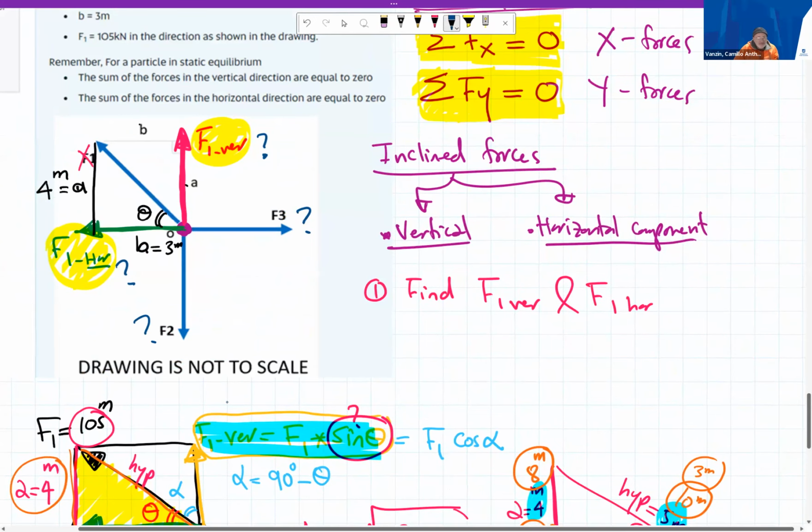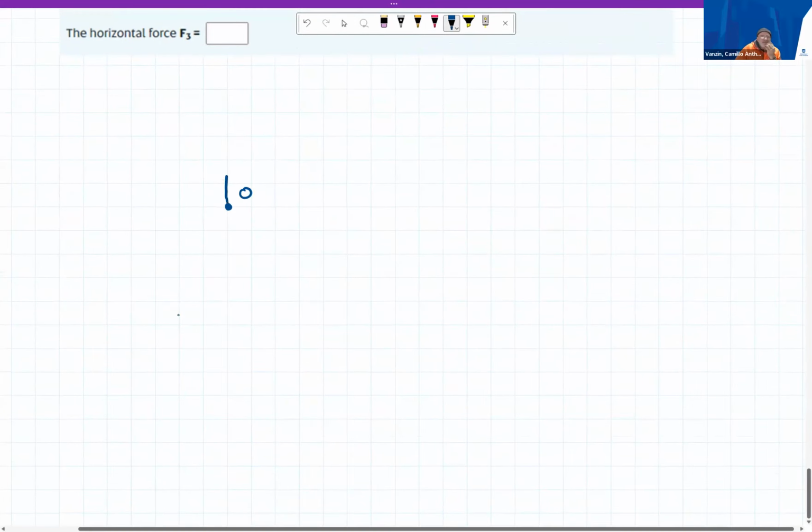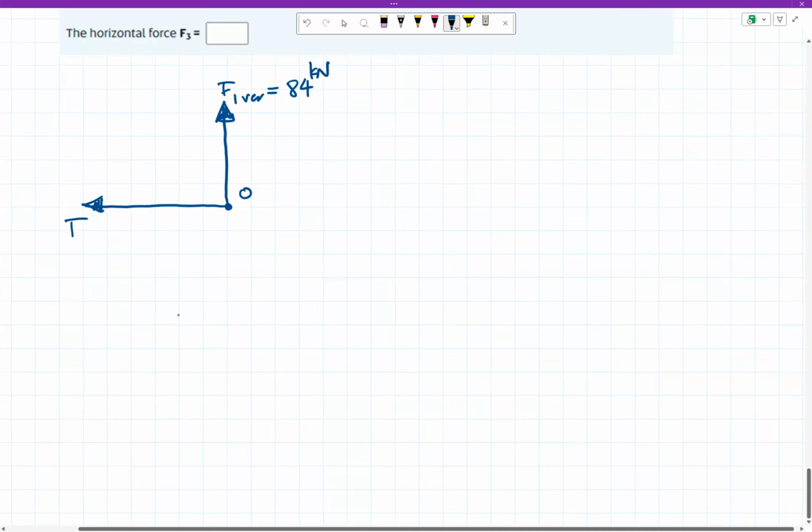After we found the forces, I will draw the diagram again. This is our point O. This is our vertical component, F1 vertical, 84. And this is our horizontal component, 63.